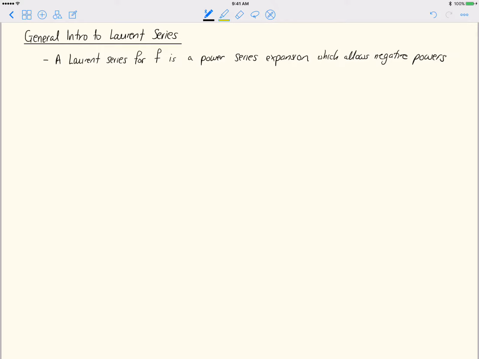So for example, if I take some function, like the exponential function, e to the z, and I find its Taylor series, well, this one is well known.